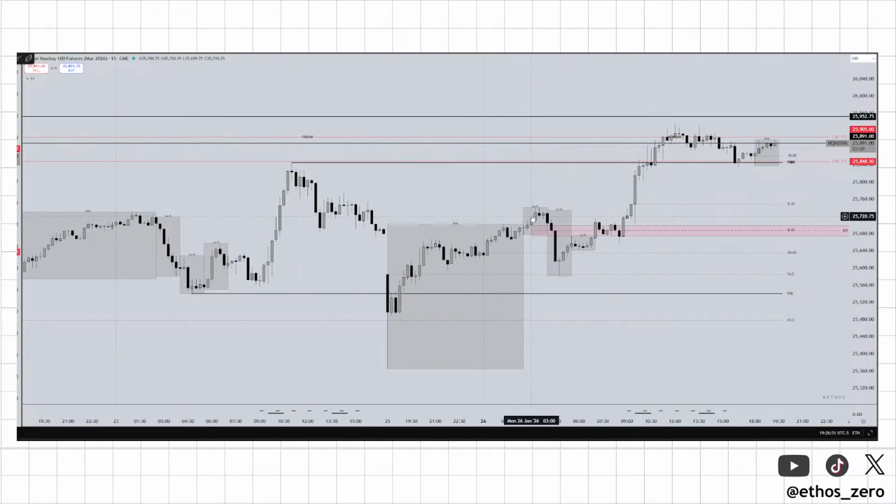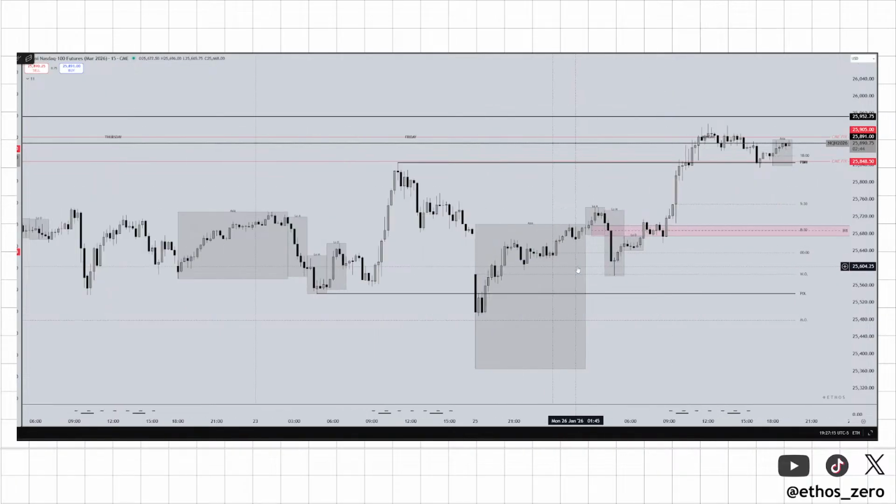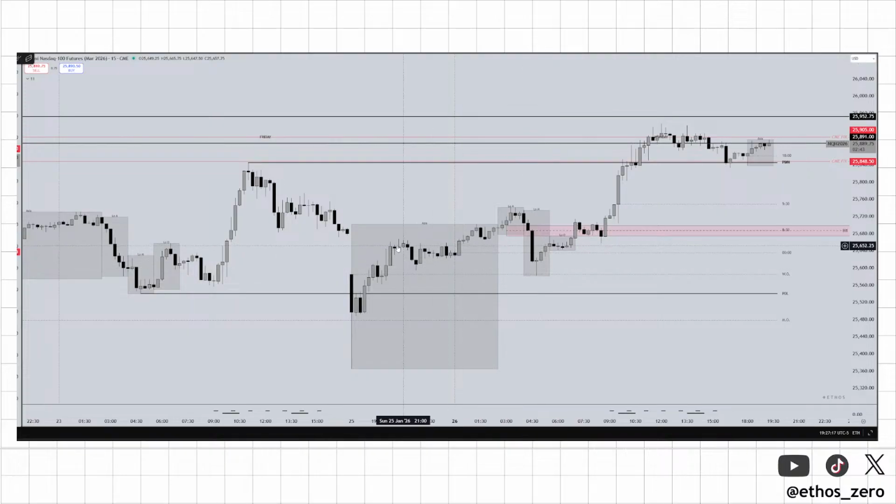We then have our London session and then our pre-market delivery accumulation here, which we accumulate, manipulate lower, distribute higher. We also have our 930 open, manipulate lower below these two lows, and then distribute higher. So definitely looking like bullish structure.